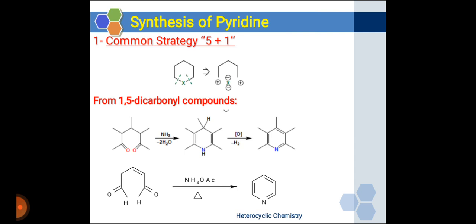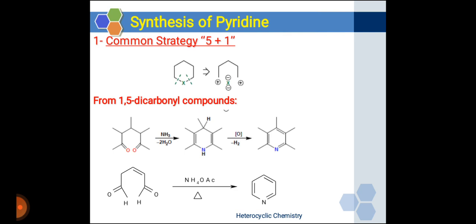Here we are taking a 1,5 diketo alicyclic compound. It reacts with ammonia with removal of 2 molecules of water to form the NH bond. Then it is oxidized, removing a hydrogen molecule, to form pyridine.